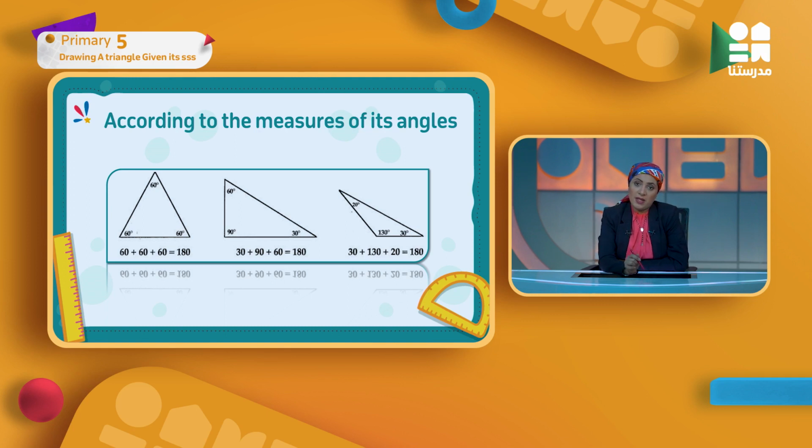The second triangle has one of its angles at 90 degrees. When it is 90 degrees, it means that this is a right angle triangle. The third one, if one of the angles in my triangle is bigger than 90 degrees, this is an obtuse angle triangle.